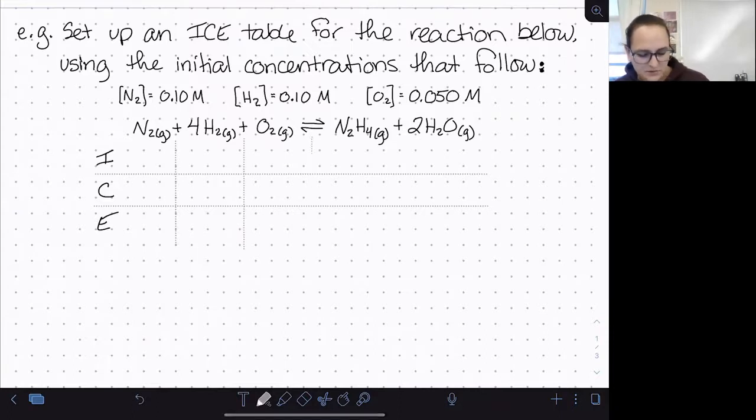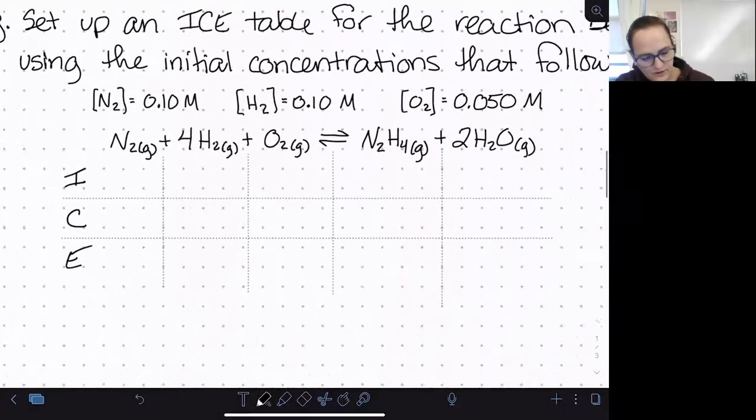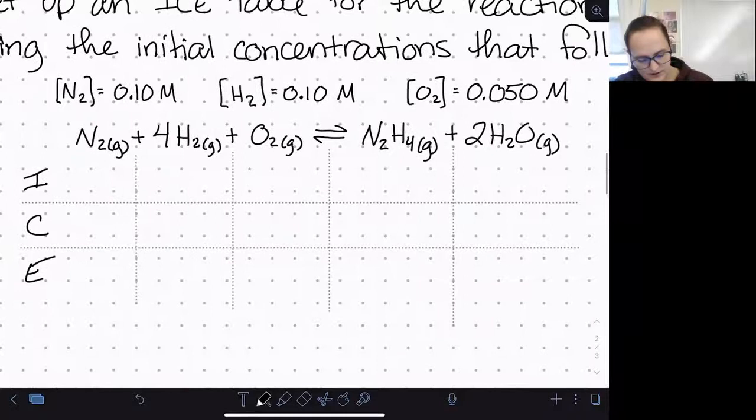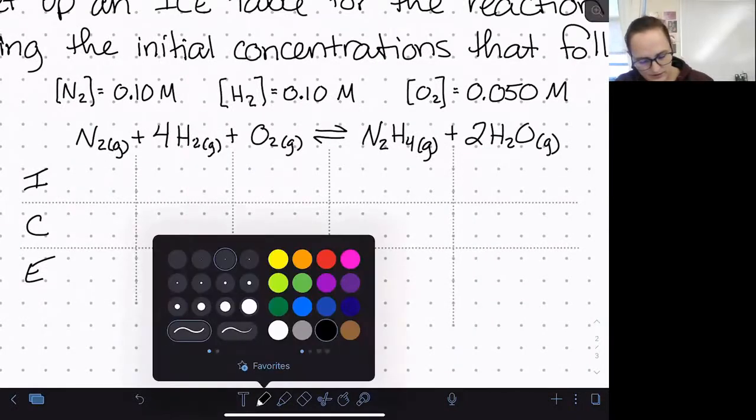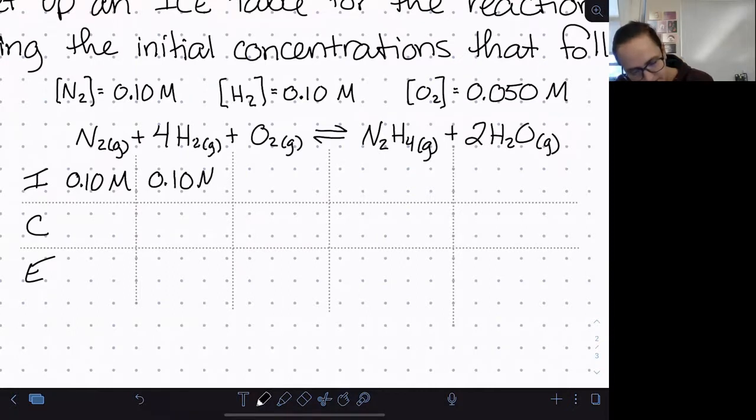Again, lines optional. You can just write underneath, that's totally fine. And from here, we are given initial concentrations. We are told that the initial concentration for N2 is 0.1 molar. So that's going to go here. H2 is the same. O2 is 0.05.